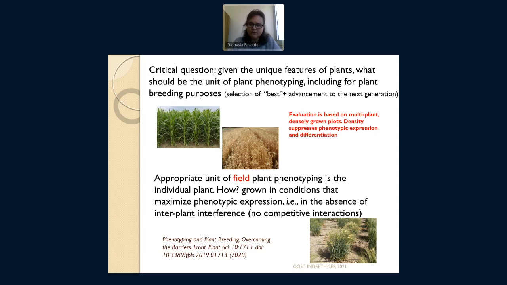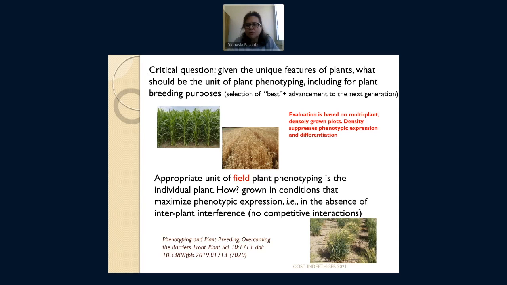Now, a critical question that we have to face, given the unique features of plants as opposed to animals. These features include the immobile nature of plants, the root systems, for example, and the multiple progenies that the plant produces as opposed to an animal.